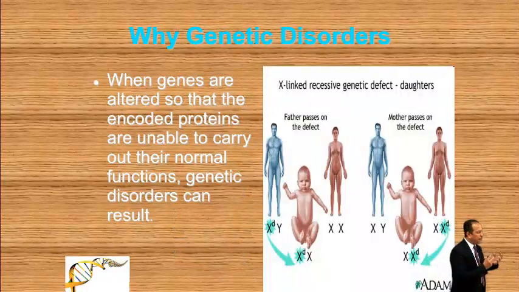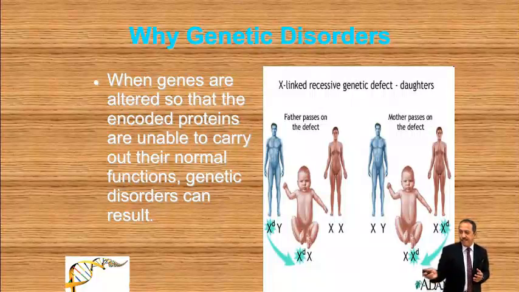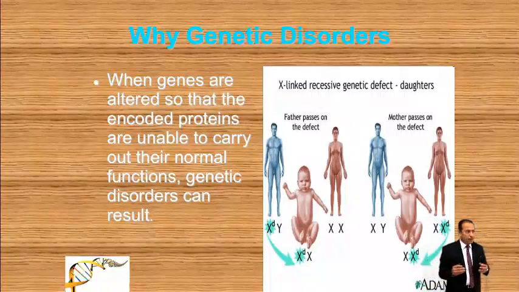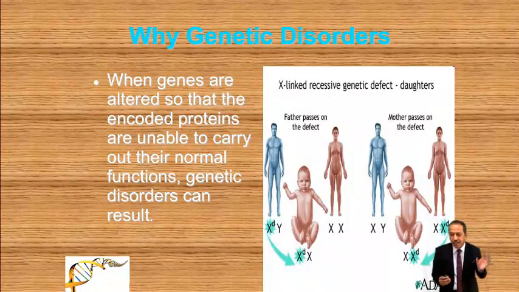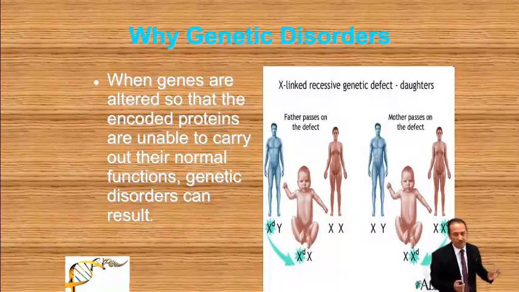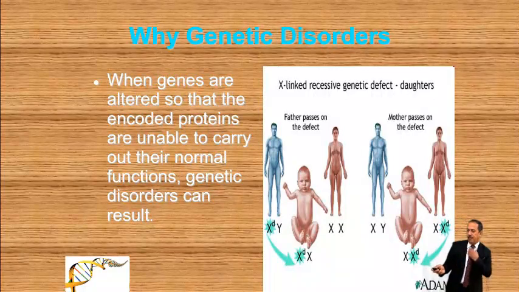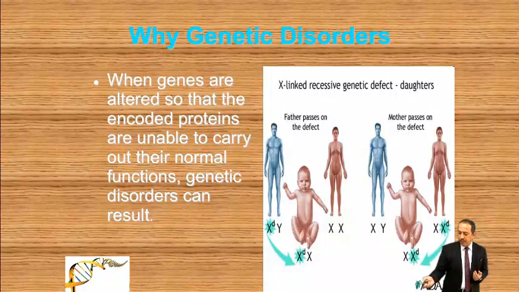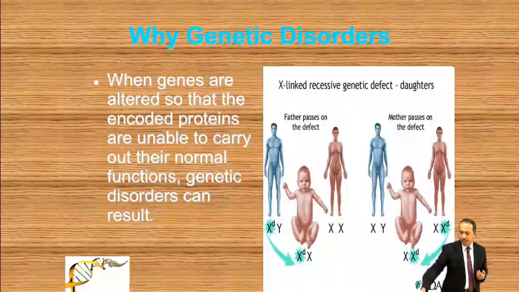Now, why genetic disorder? When genes are altered so that the encoded proteins are unable to carry out their normal functions, a genetic disorder can result. As you observe here, the X-linked recessive genetic defect is transferred from the father to the offspring.